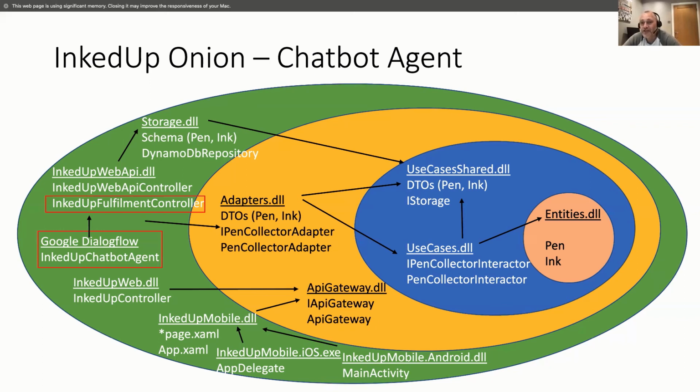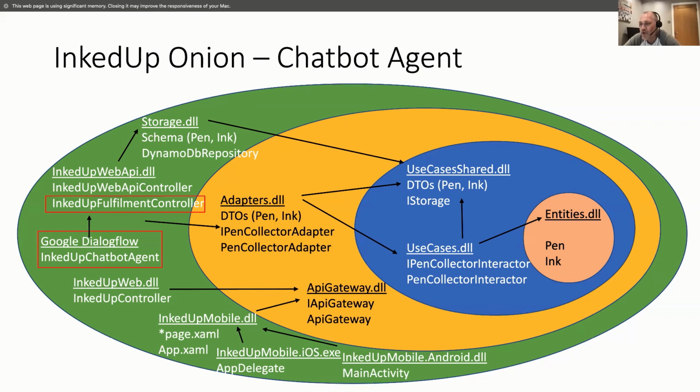And this is where we talk about this dependency being a flow of control. Because the pen collector interactor is going to call things on storage, it absolutely needs to tell storage what the structure of data is it's going to pass in and what the structure of data it's going to get back out.